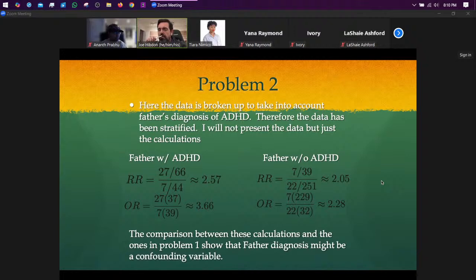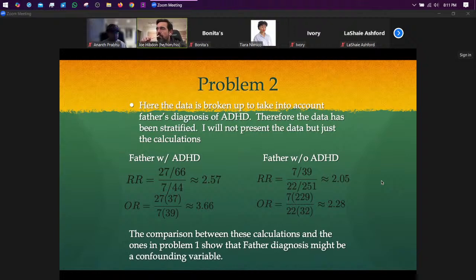Why am I saying might? Is it because there could be other factors other than the father? Yeah, that is one. But remember, we're saying that lead exposure leads to higher incidence of ADHD.